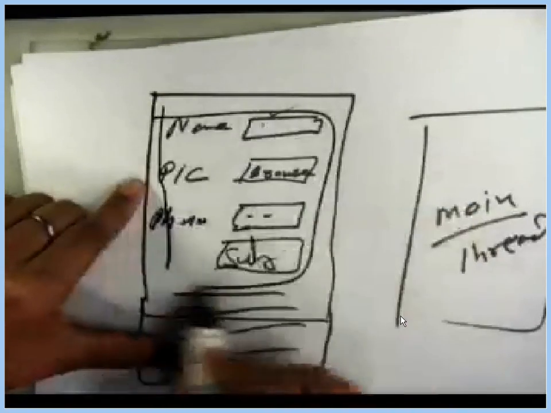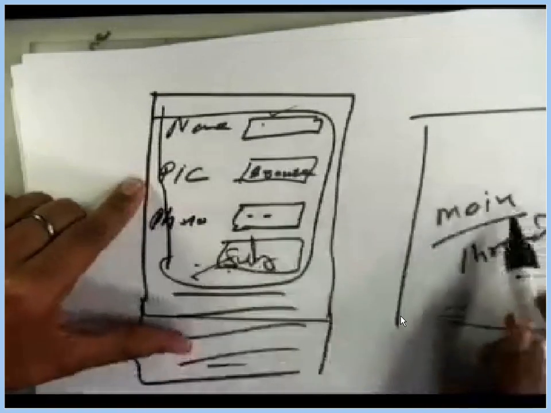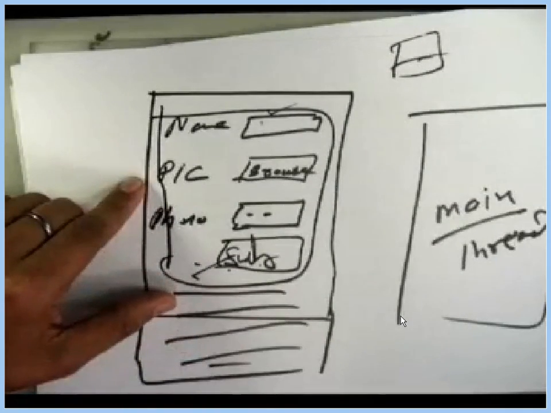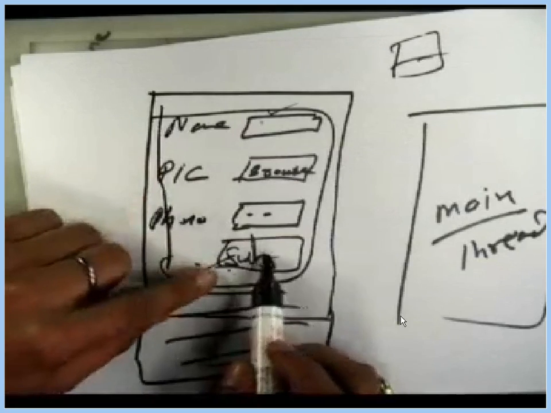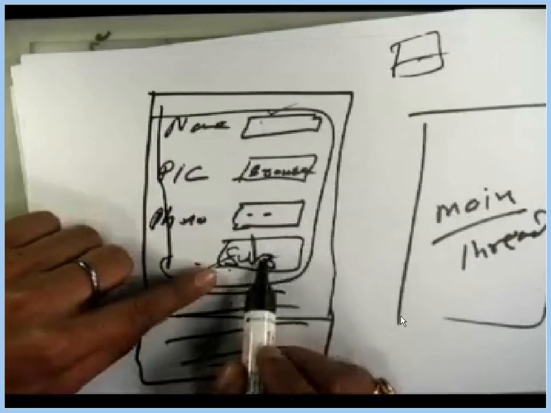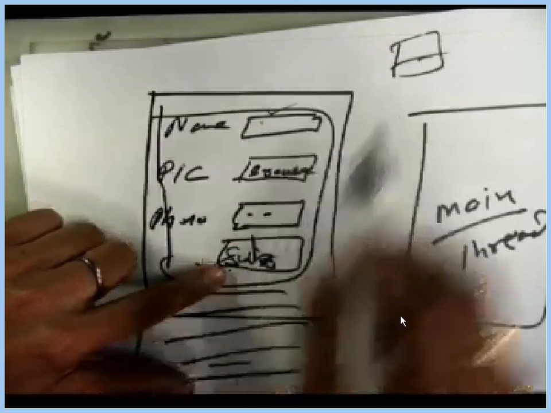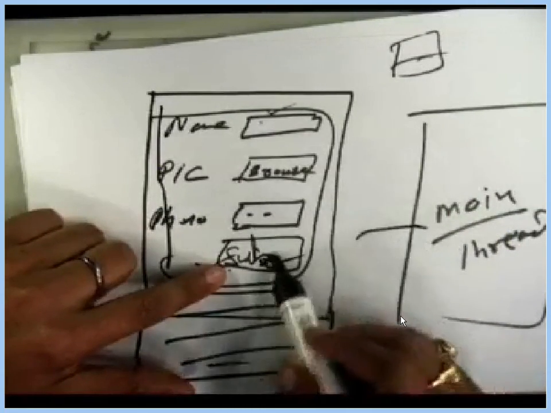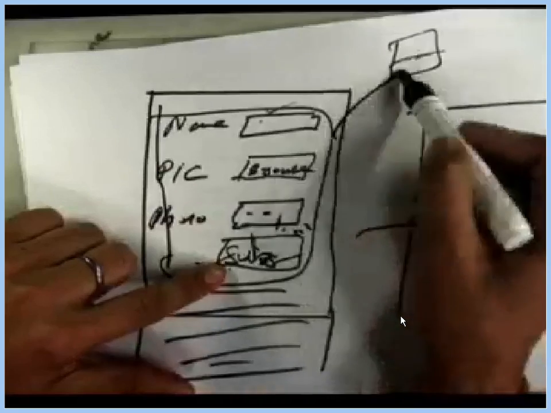Maybe you want to submit this data to the backend server, and once you click the submit button over here, this process will start, and the main thread is trying to take your data from this place to your backend server.